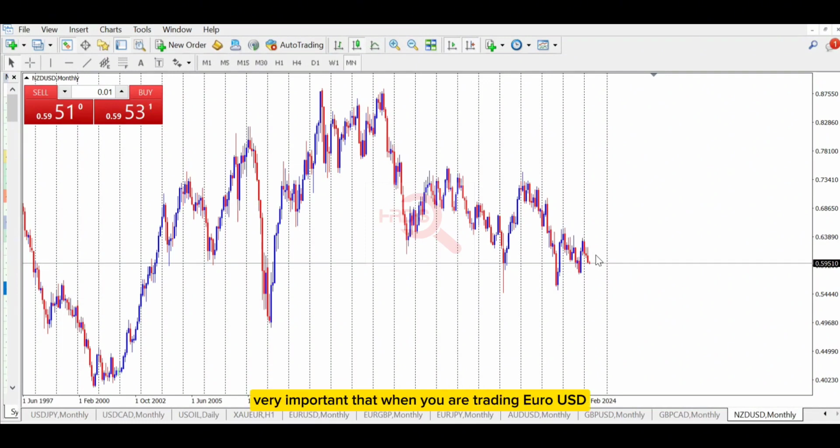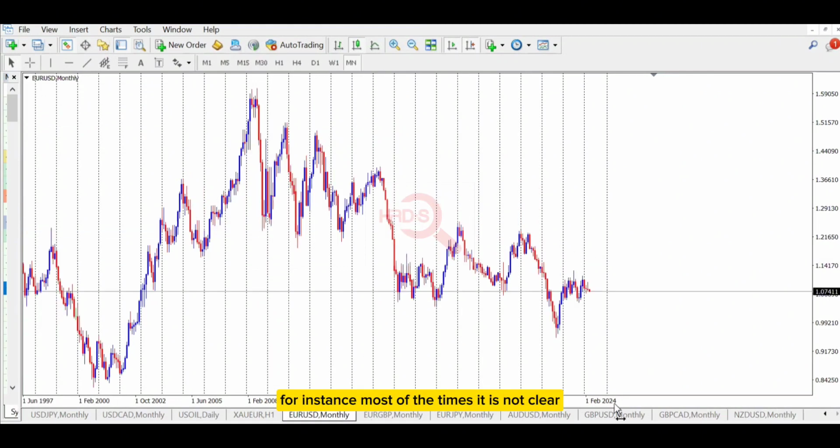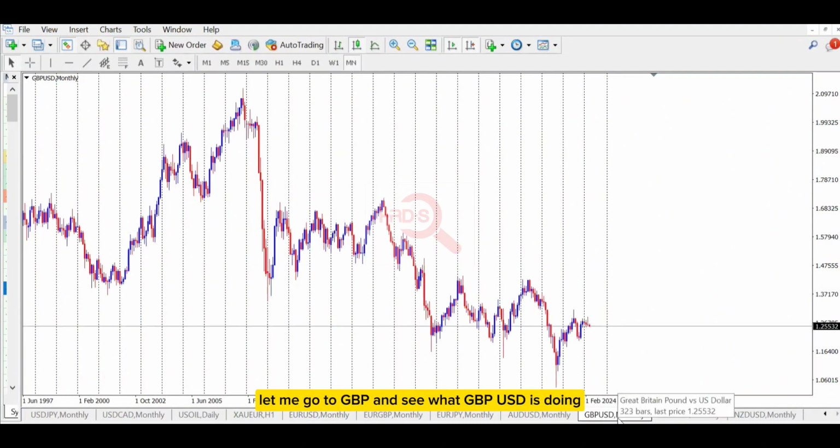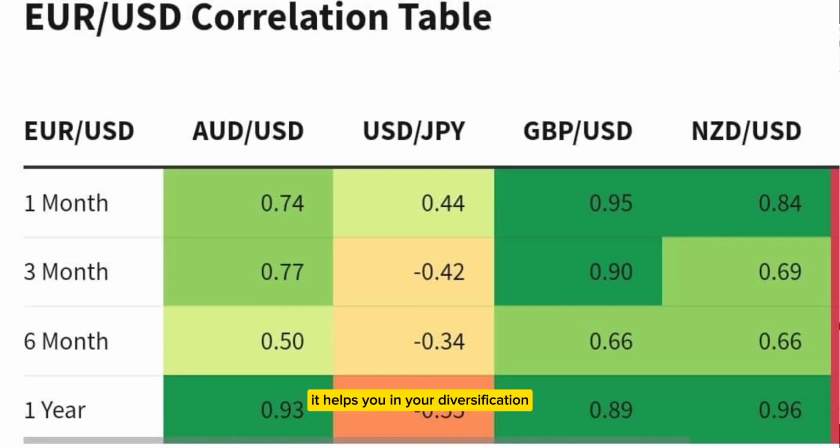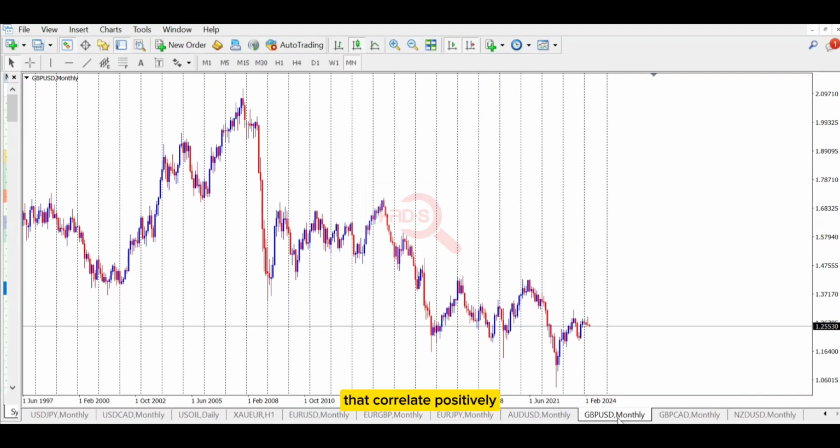So it is very, very important that when you are trading Euro USD, for instance, most of the times it is not clear. You can just say, okay, this is Euro USD, let me go to GBP and see what GBP USD is doing. It helps you to make your decisions. It helps you in your diversification, so that you will not say, I'm diversifying by trading 5 pairs, whereas you are just trading the same pairs that correlate positively.